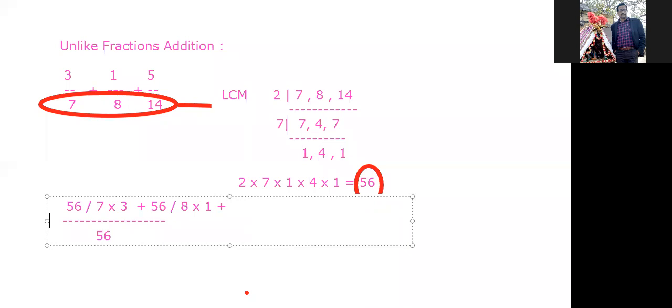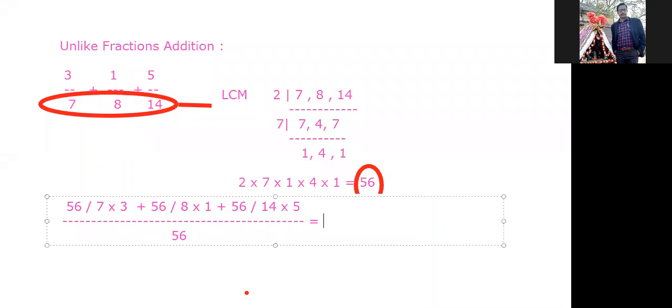And then for the next one, 56 divided by 14, and then we multiply with 5. So let's see the equation properly. Then I will try to explain each one.